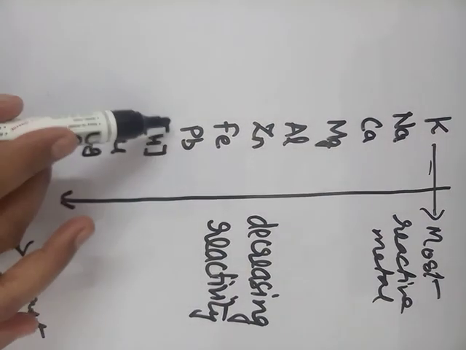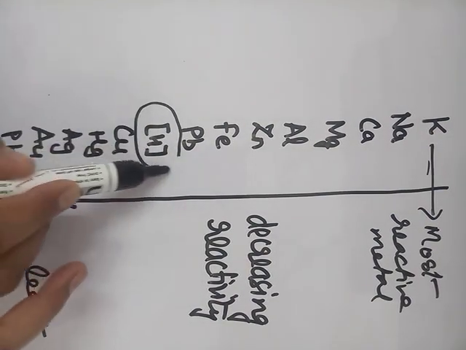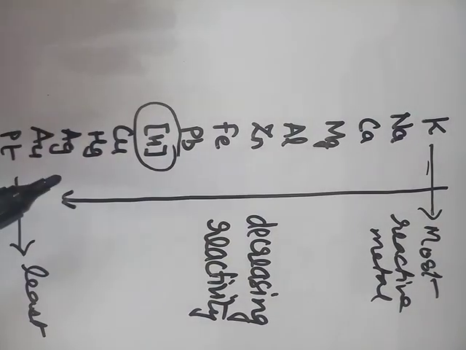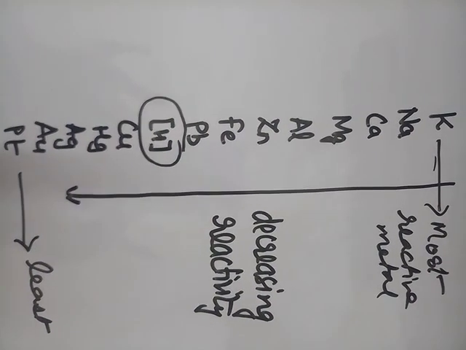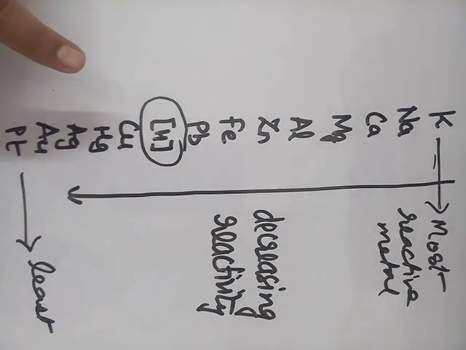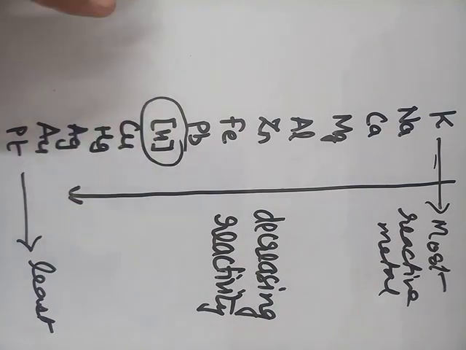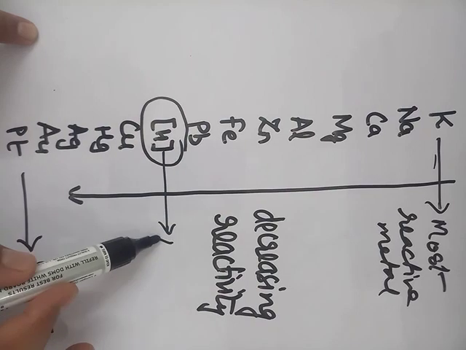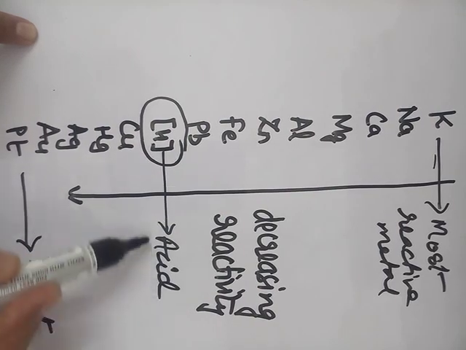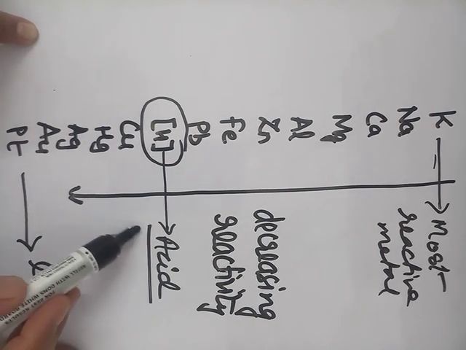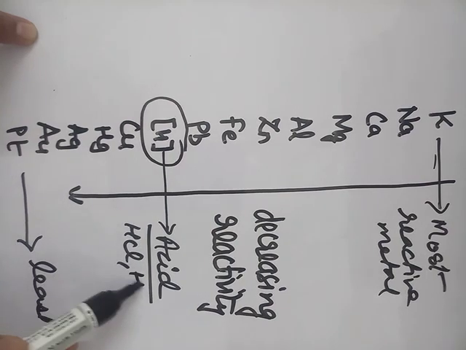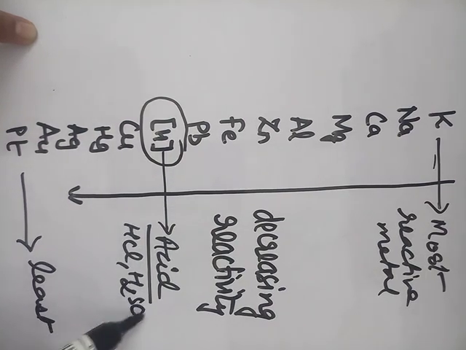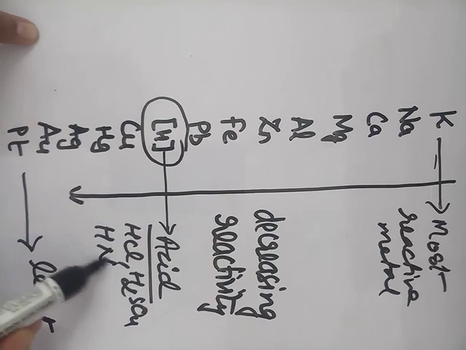Even you can see hydrogen is being placed here. Now, as the series is of metals, hydrogen being a non-metal is placed in this series because mainly all the acids contain hydrogen, like acids such as HCl, H2SO4, nitric acid, HNO3.